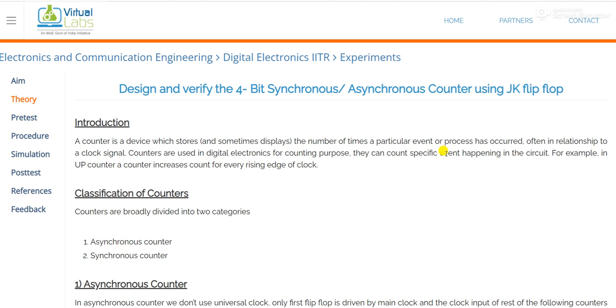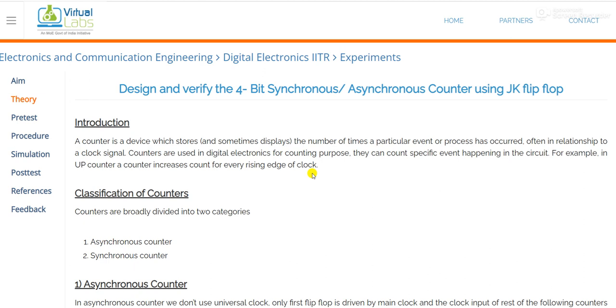Okay. So broadly, we can divide counters into two categories. First one is asynchronous counter and second one is synchronous counter. The basic application of the counter is to count clock pulses, clock signals.